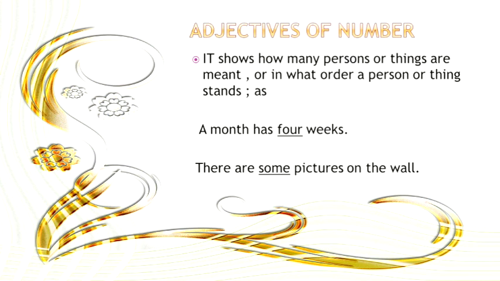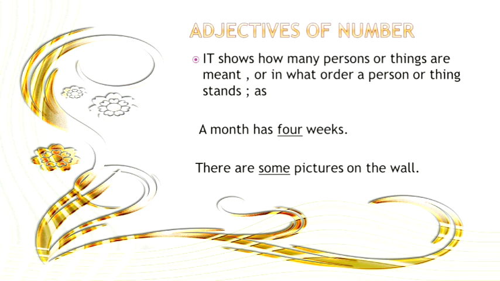So if I ask you which word tells you the number of weeks, the answer is 4. So the word 4 is the adjective of number since it tells us about the number of weeks. So it is giving us more information about our noun weeks. Okay.